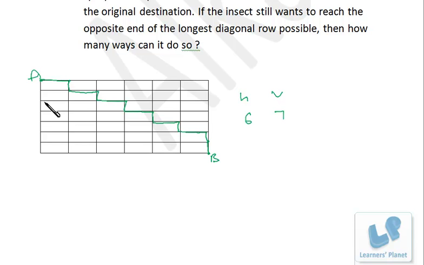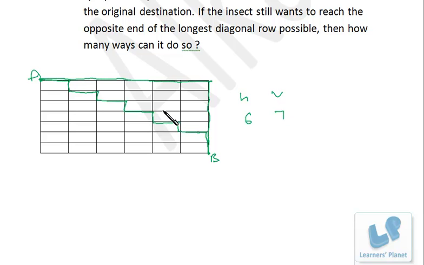Other ways also you can take. So you are starting from this 1, 2, 3, 4, 5, 6, then 7, 8, 9, 10, 11, 12 and 13. So this is also the same number of steps. So in all, from A to B, there will be 13 steps. Now, but these 13 steps can be in various manners. See, there will always be 6 horizontal steps and 7 vertical steps.